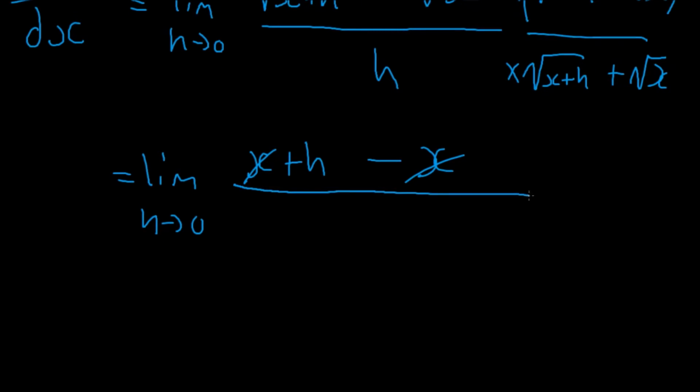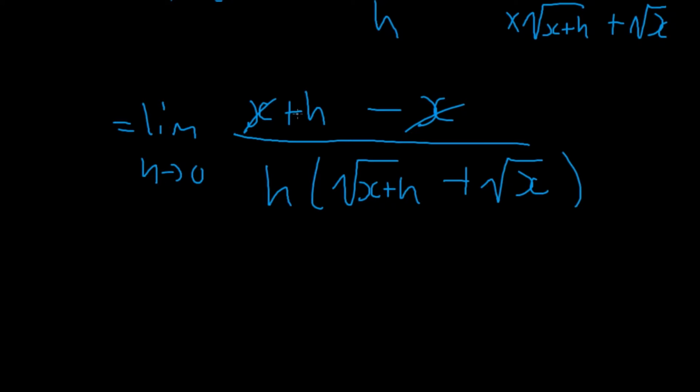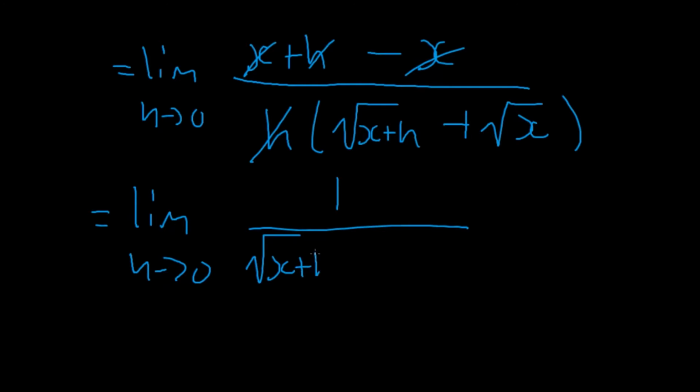And then on the bottom, we're going to have h times root x plus h plus root x. Now, what you notice is that there's only an h left up top because the x is canceled out. So we can simply cancel out the h up top with the h on the bottom. For our final line, we have limit as h approaches 0 of 1 over root x plus h plus root x.